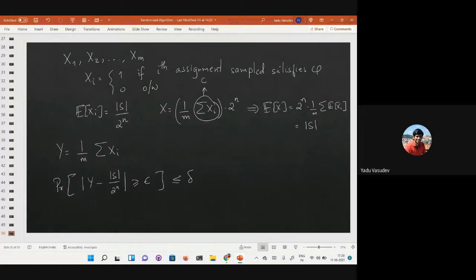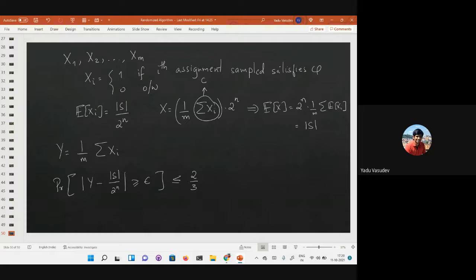I'd say delta is 2/3 for this one. And what value of m should we have so that this is a good approximation? How many samples do you need for such a statement to hold?